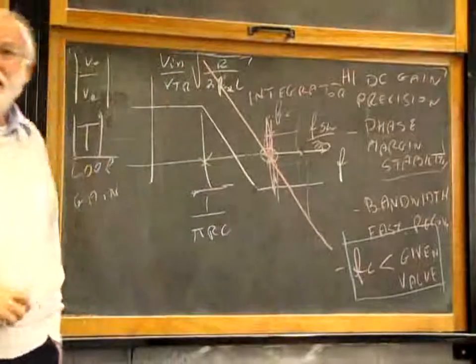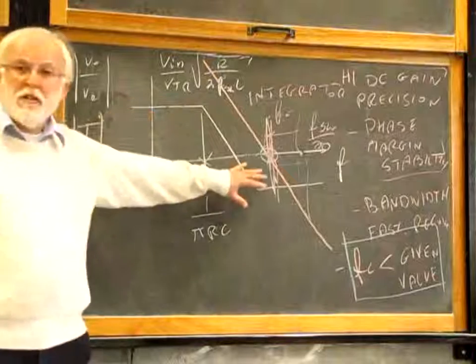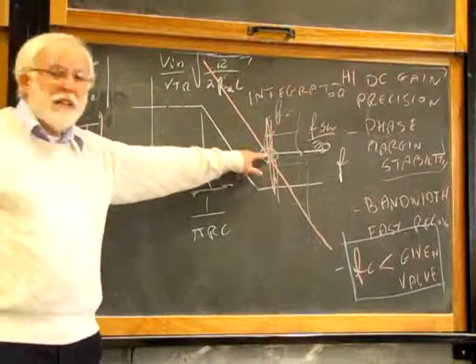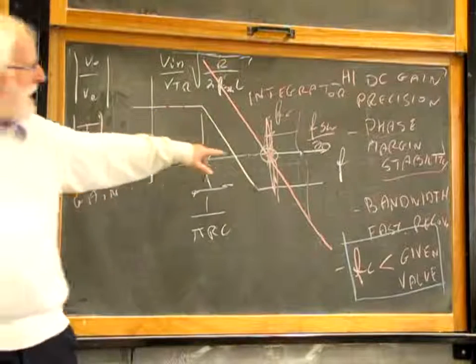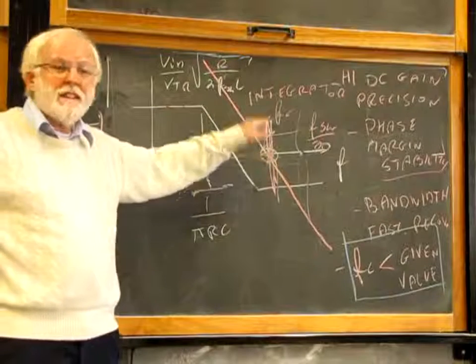I have to find out how to design this controller, and I have to check the most critical case that gives me the highest crossover frequency, and design for that case.